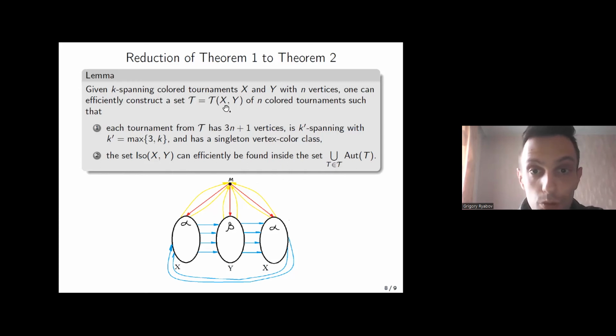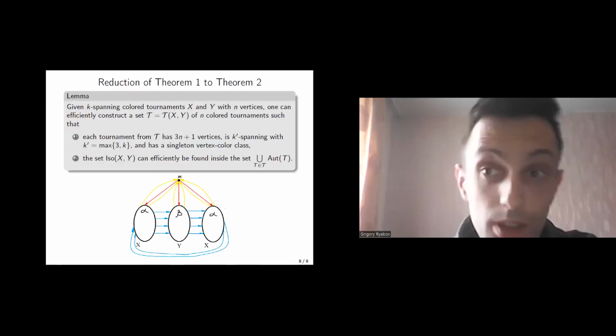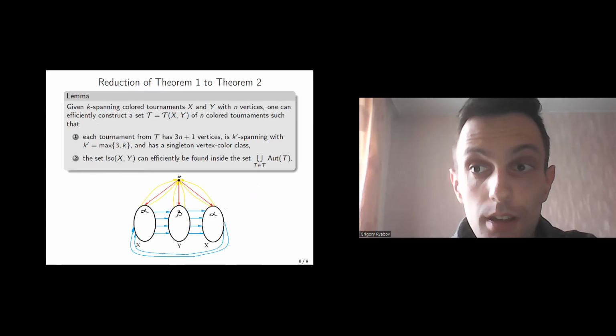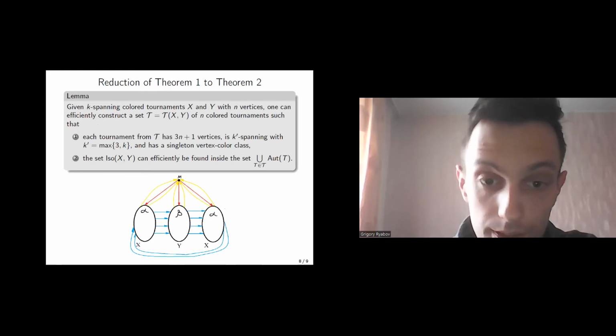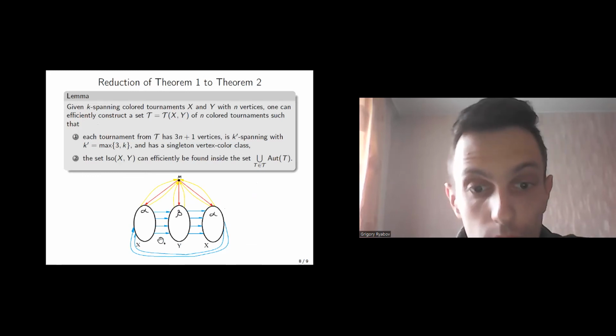So we have two tournaments X and Y, and we take two disjoint copies of X and a copy of Y, and we add a new vertex mu.